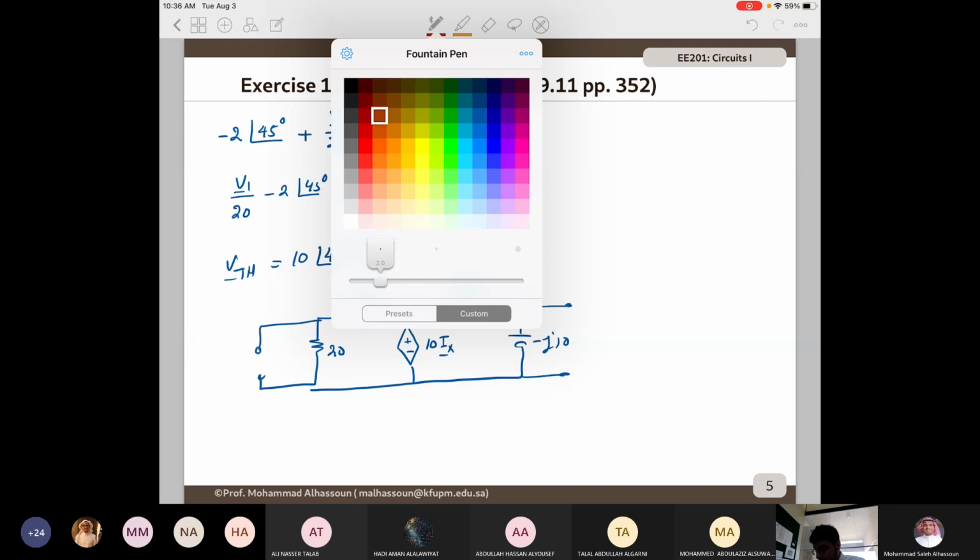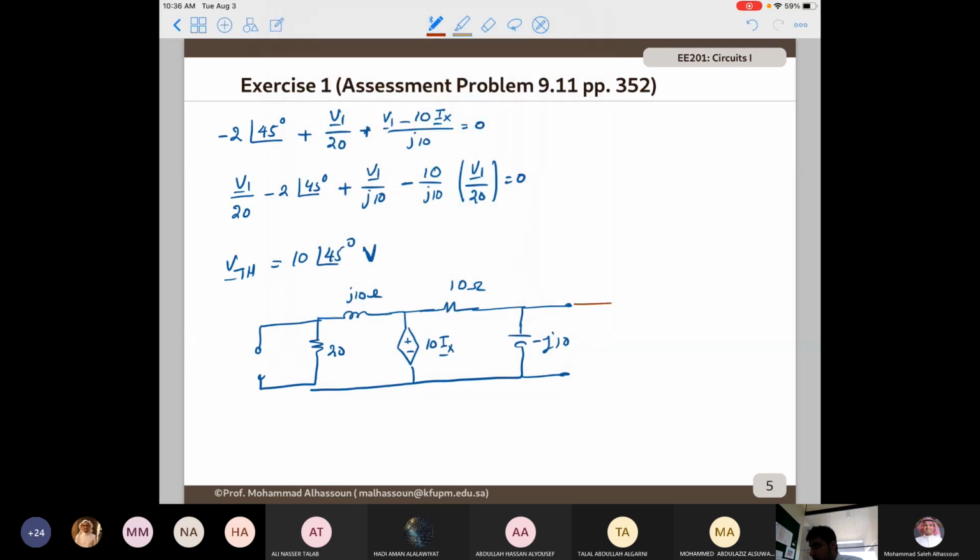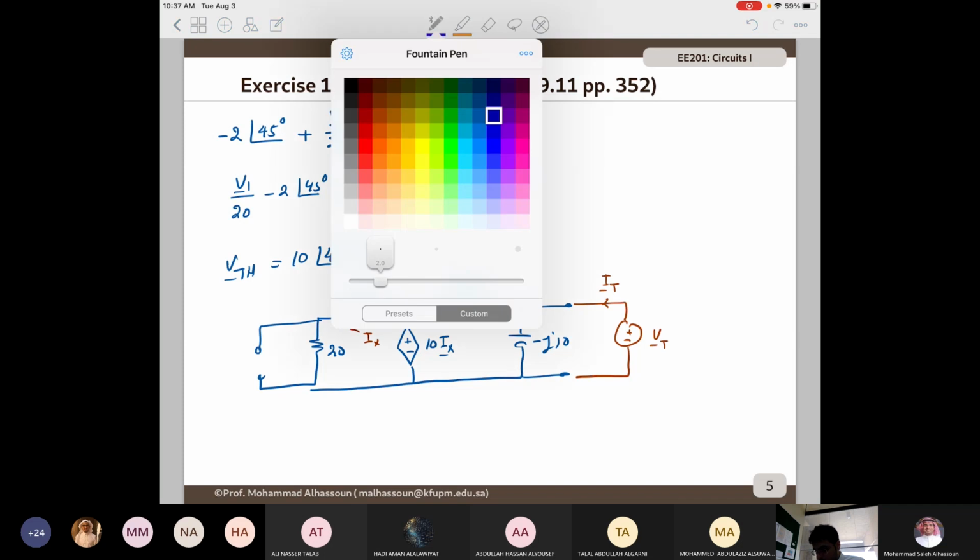And since we are applying a test source here, this is Ix.